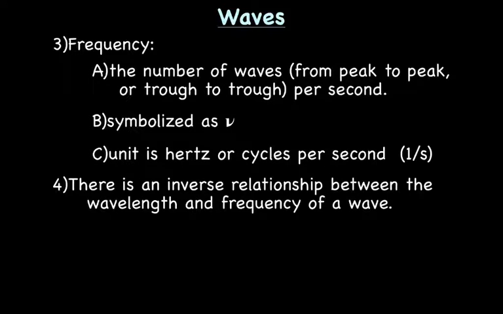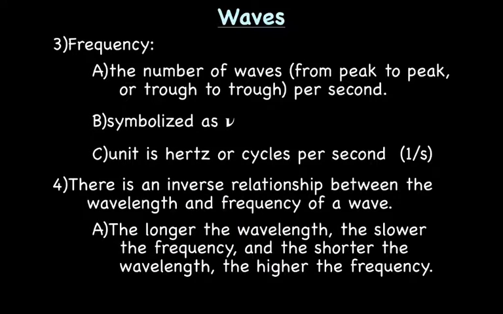There's an inverse relationship between the wavelength and the frequency of a wave. Inverse means as one variable, in this case the wavelength, increases, the other variable, frequency, decreases. So a longer wavelength means a slower frequency, fewer cycles per second.